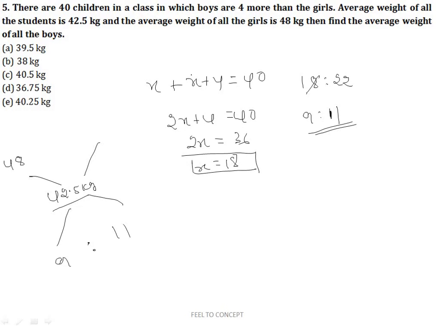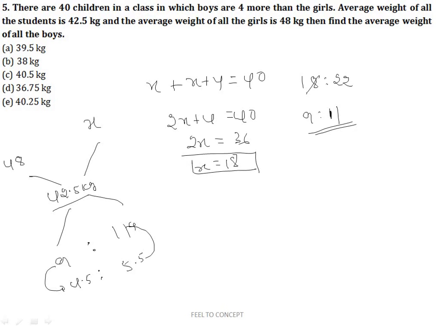Then the average weight of all the boys. This concept is related to mixture and calculation. We need to take the difference: 48 minus 42.5. The difference is 5.5, and the value should be doubled. In this case, the value should be 4.5.